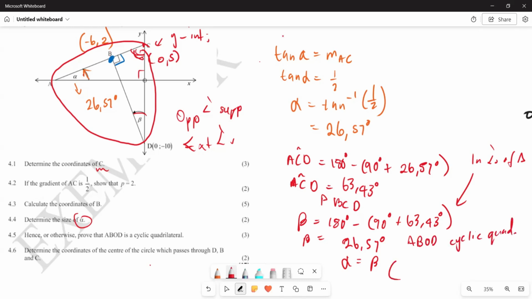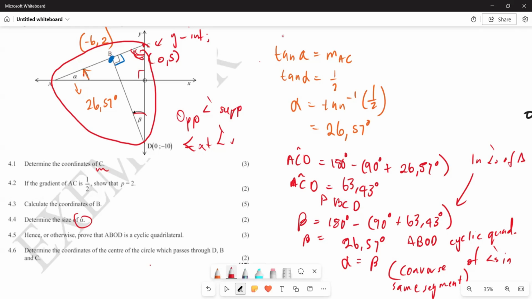This is because, remember, this is the converse of angles in the same segment. Basically, that is going to be the reason behind that. Hopefully, this makes sense to you now.